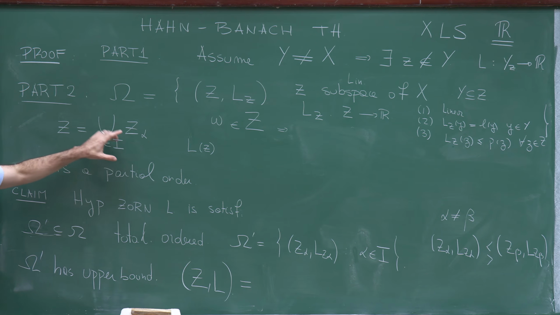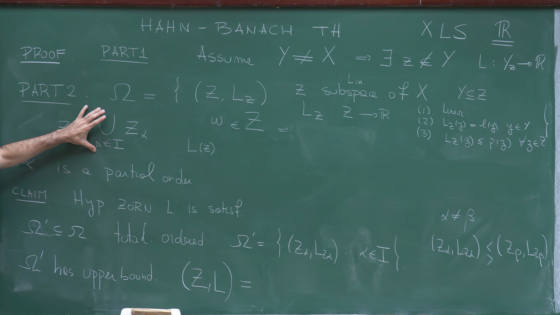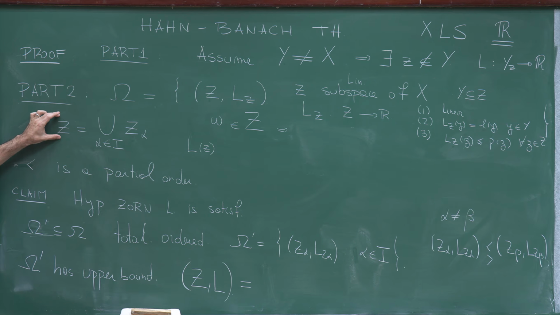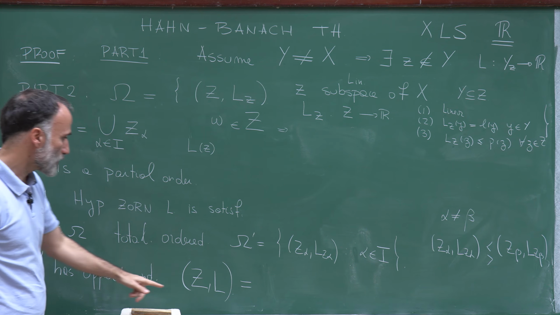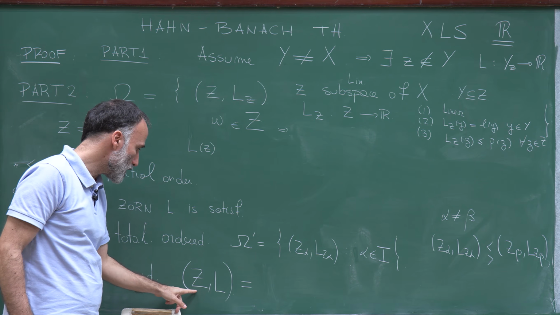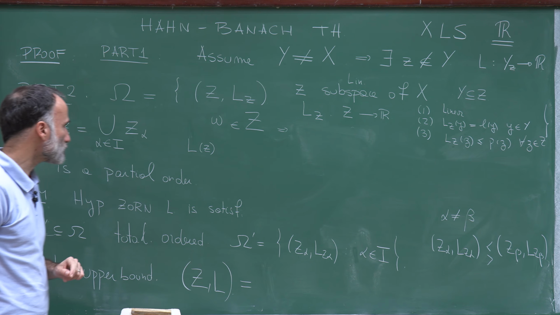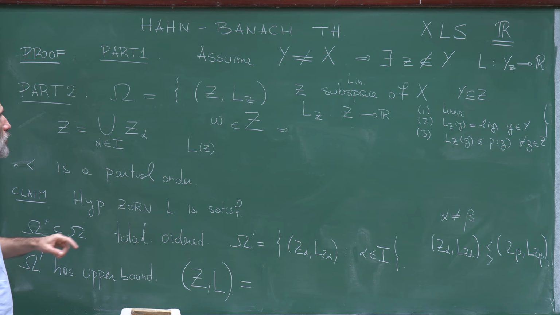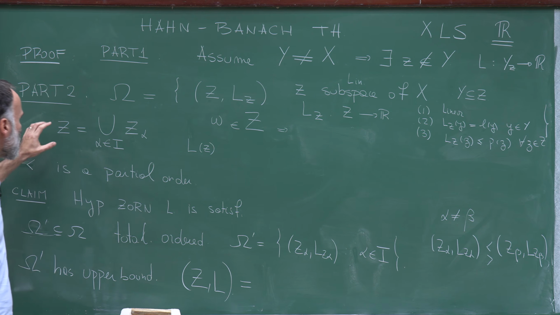These are linear spaces. I'm taking the union of these linear spaces, and I'm calling this union Z. I'll show in a second that Z is a linear space. Now, the second element has to be a linear functional defined on Z. So take an element W of this linear space.